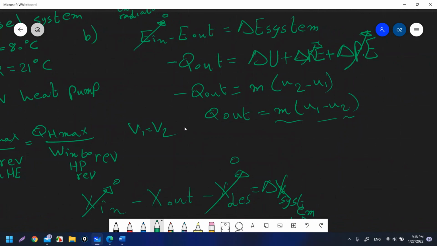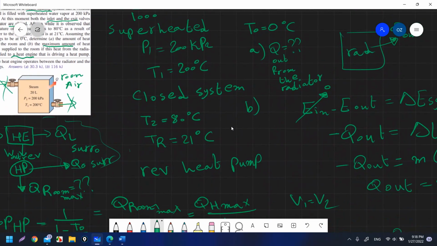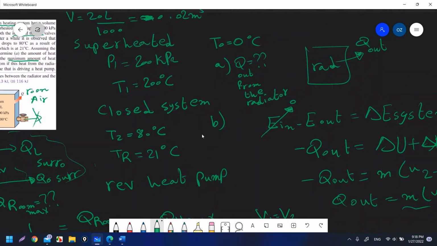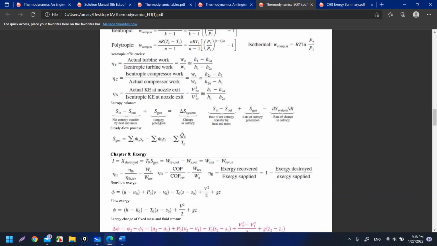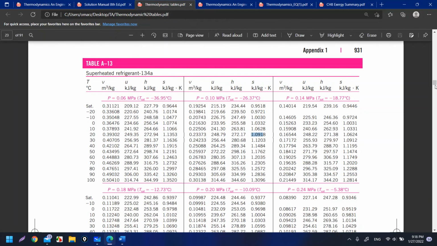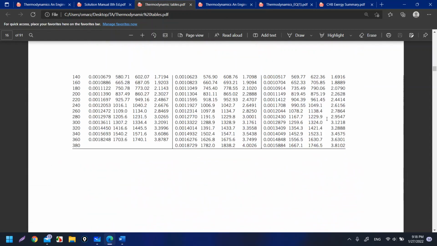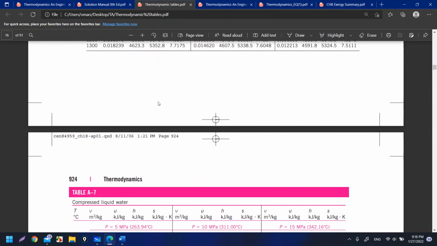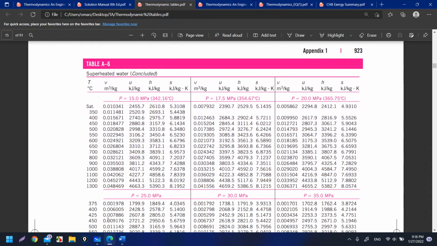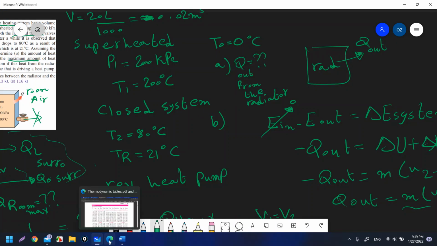So let's take the properties that they gave us in the beginning of the question. He said the first state, or the initial state, is superheated, P1 and T1, 200 kilopascal and 200 degrees Celsius. So I will go directly to the superheated table, table A6. And he said 200 kilopascal, which is 0.2 megapascal.